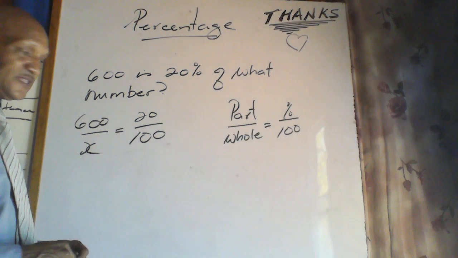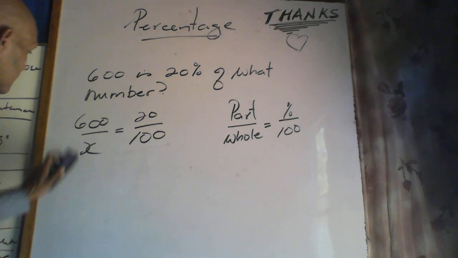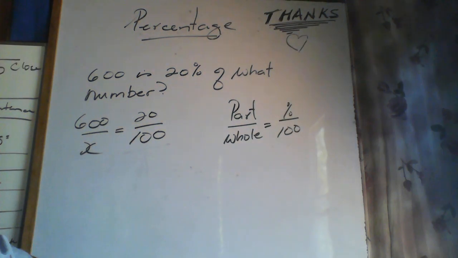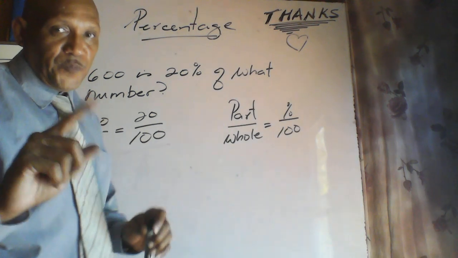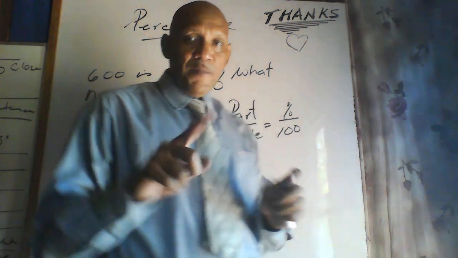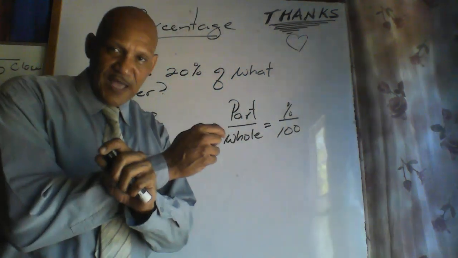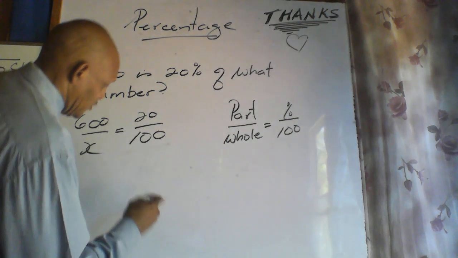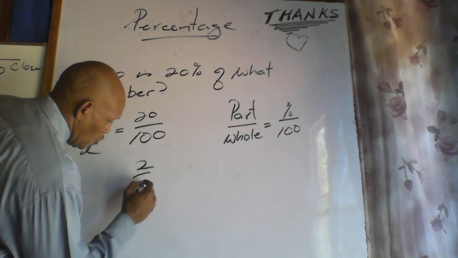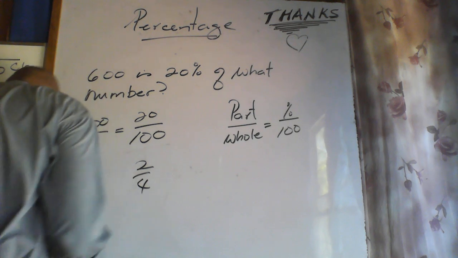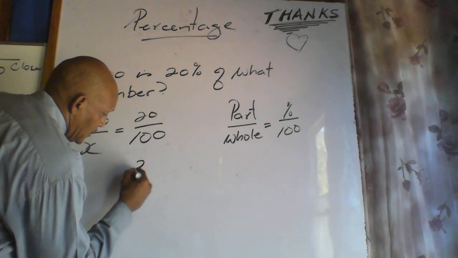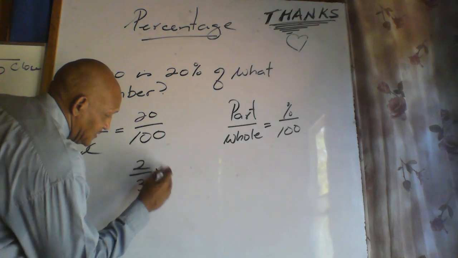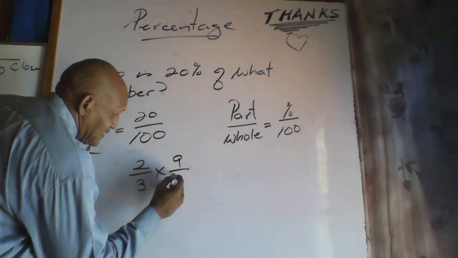So let me start working these problems right now. Remember we talked about multiplying fractions. You have, for example, 2 over 3 times 9 over 10.